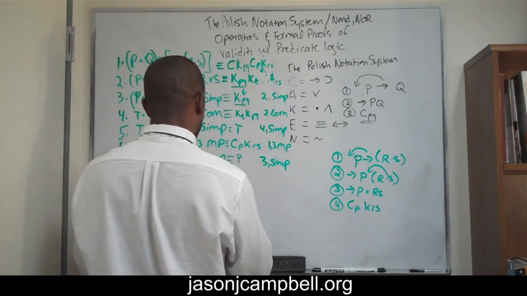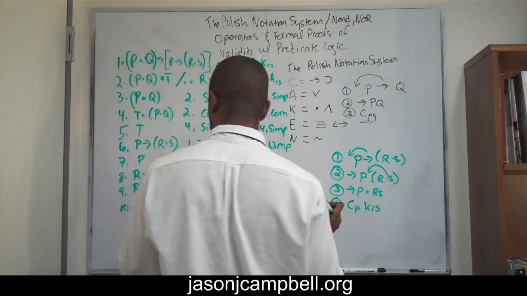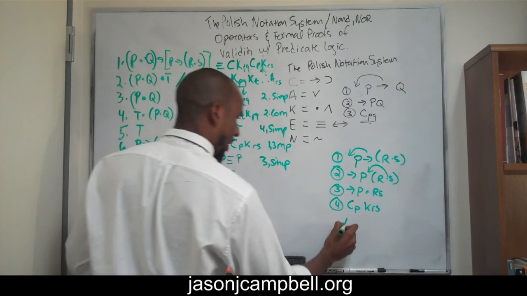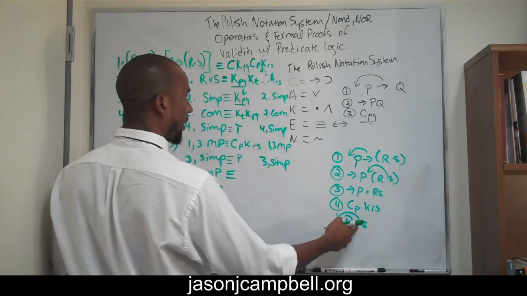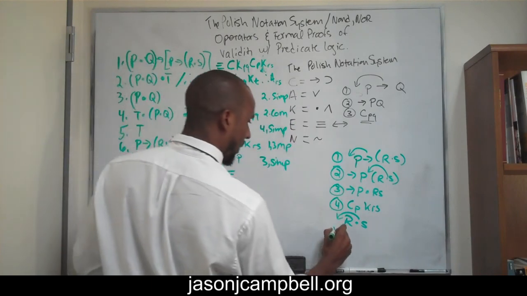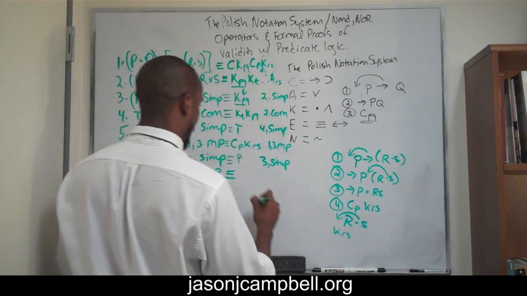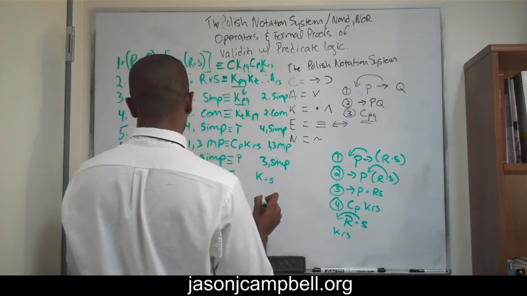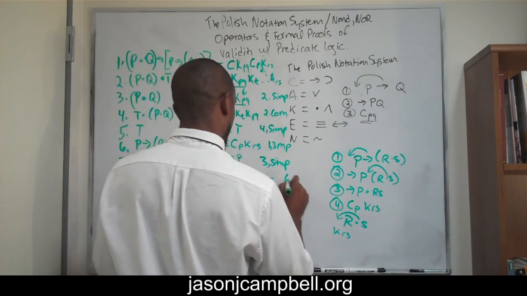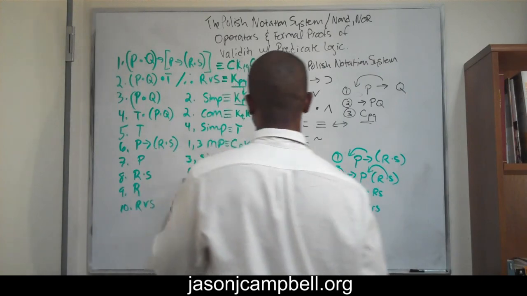All right. R and S. Simp. We have R and S. We bring the conjunct out. Replace that with a K R S. So we have K R S, and that's 6, 7 MP.